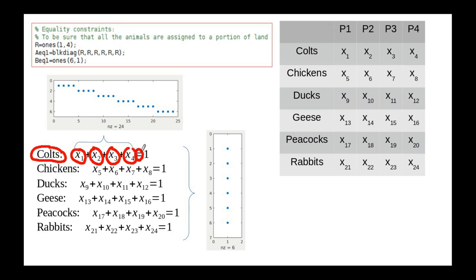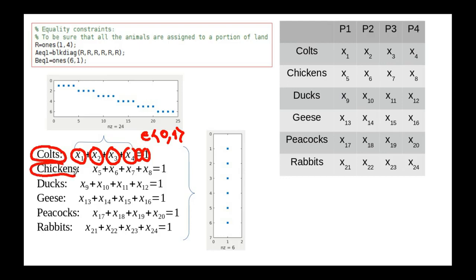I'm forcing that one out of these 4 variables is equal to 1, because all of them can have a value 0 or 1. So I'm forcing that only a single number in here can be equal to 1. All the 3 others must be equal to 0. I don't know which will be 1. It will depend on the cost function and on the constraints.